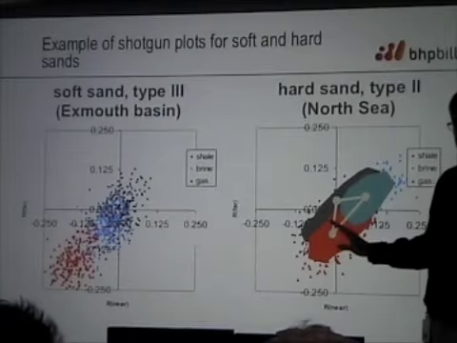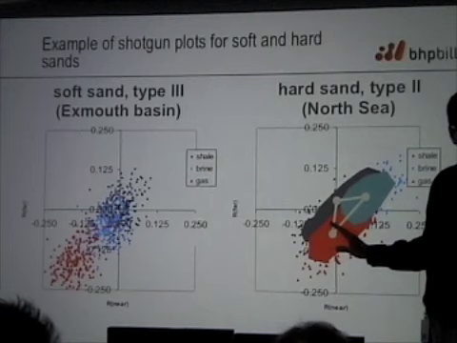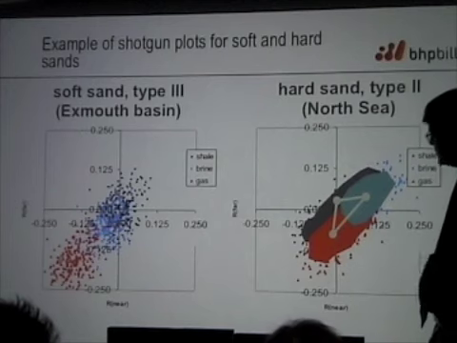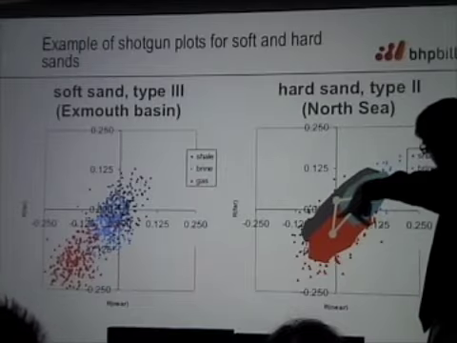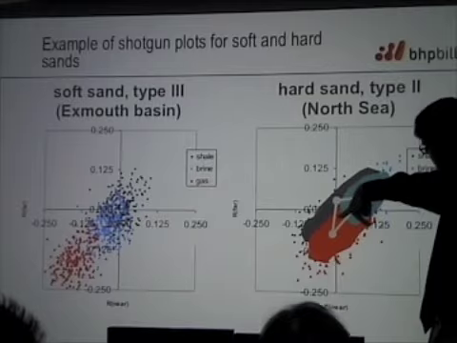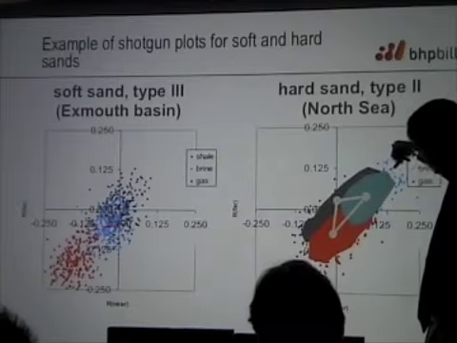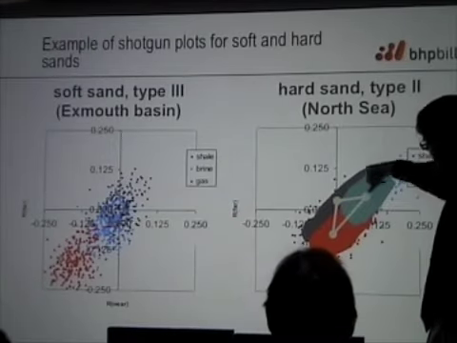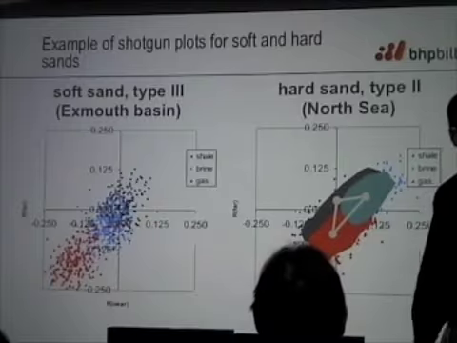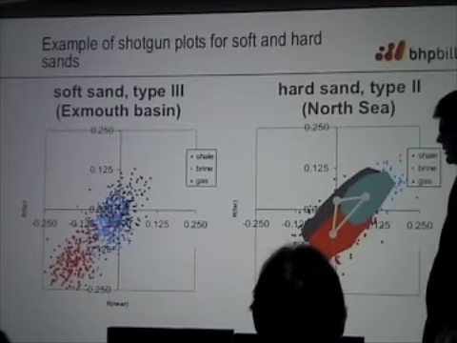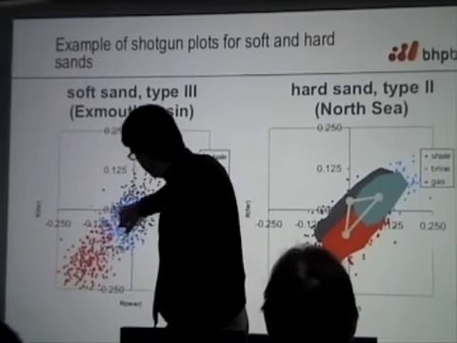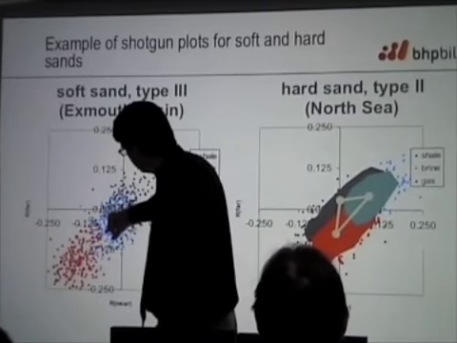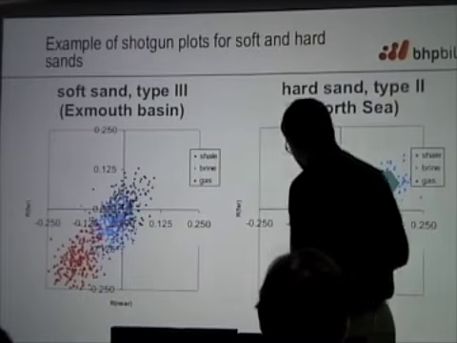They are perpendicular to each other, okay? Many times you would talk about the background normal going in this direction, but you end up getting the best lithology separation along this direction.